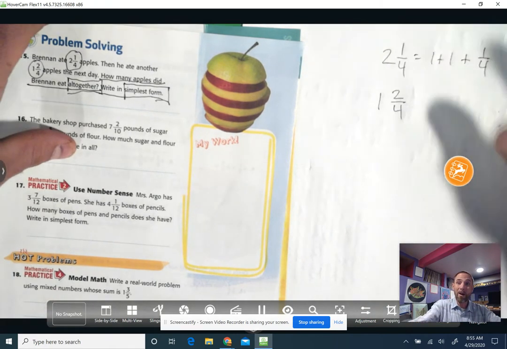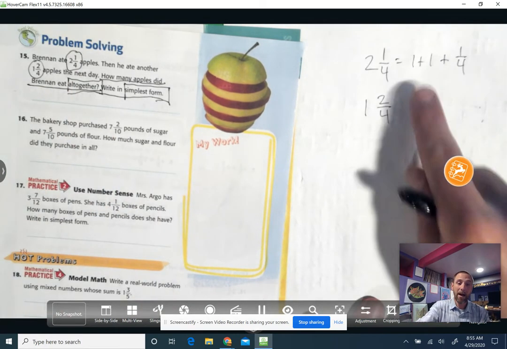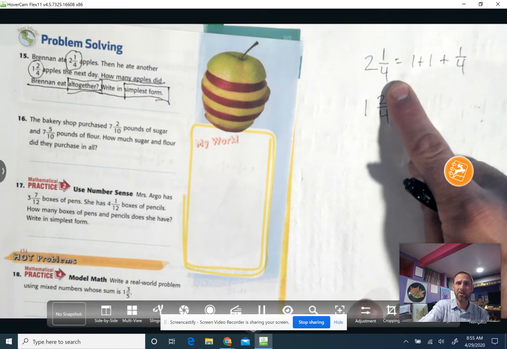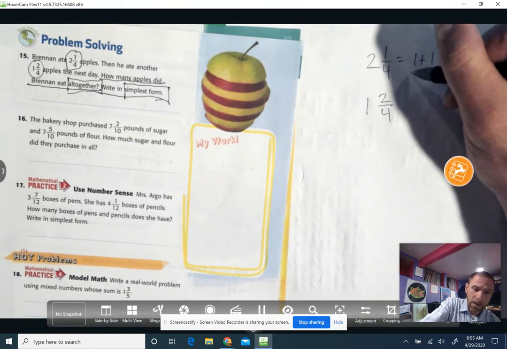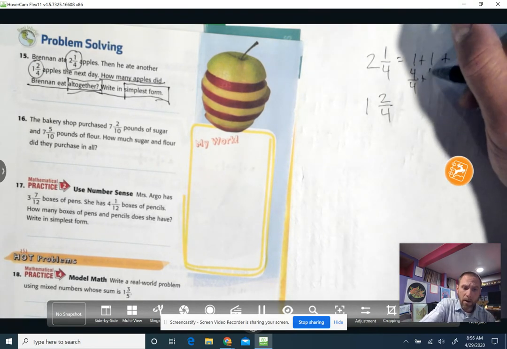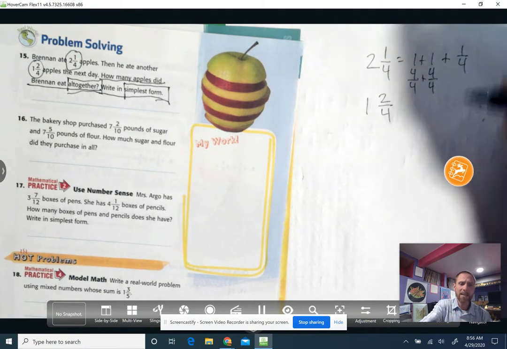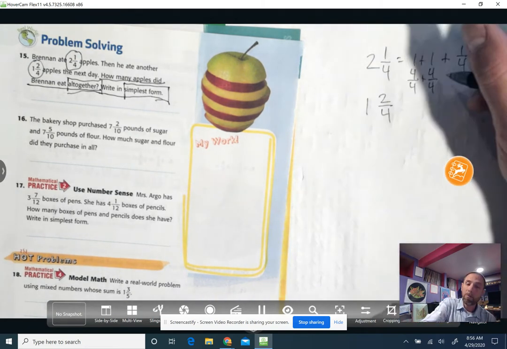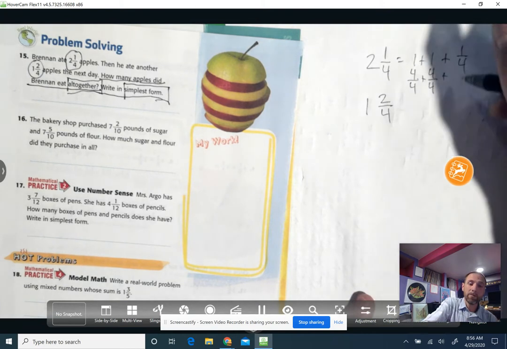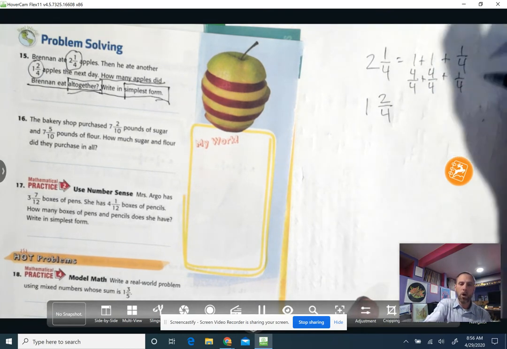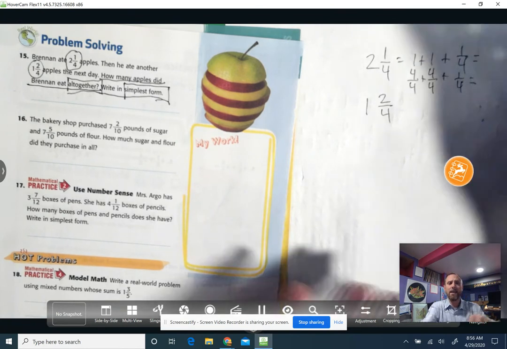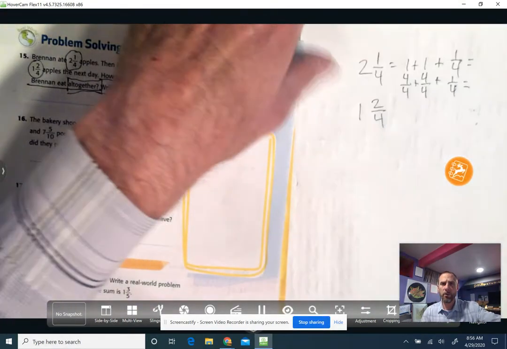The other way to represent that is by how did we make the wholes? Look at your denominators. It's a 4, so you had to have 4/4. Okay, Mom cut that apple up into 4 slices and he ate it. Mama cut up another apple into 4 slices and he ate the whole thing. Mama cut that third apple up into 4 slices and he only ate one of them. Okay, so 2 representations of the same idea of how we got to 2 1/4.